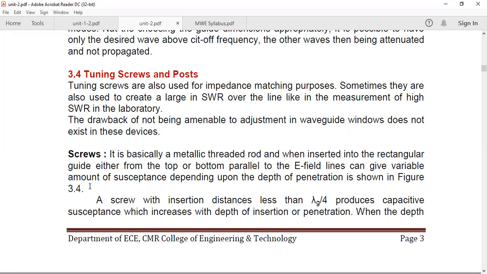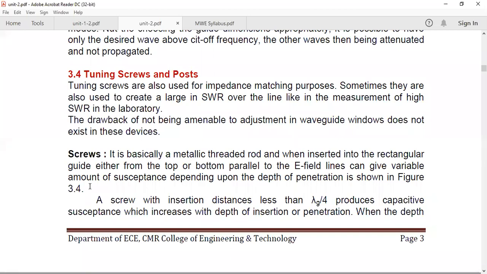We can see these things in your laboratory. On top of the broader side of the waveguide, there is a screw-type iron rod. By varying it, a small needle inserts into the hollow gap of the waveguide.